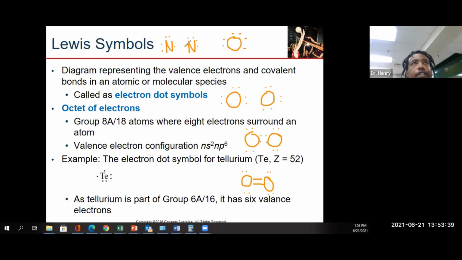So if nitrogen and nitrogen are going to form nitrogen gas, how can I make this structure so that we have 8 electrons around each one of them? How many electrons have to be shared? 3. You said 3? So each one has to share 3?